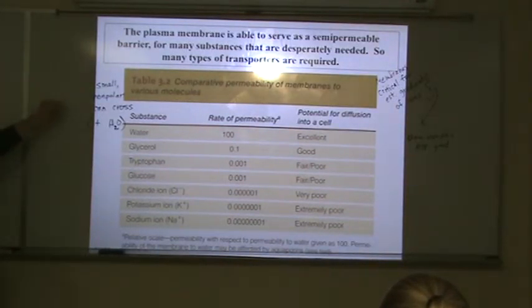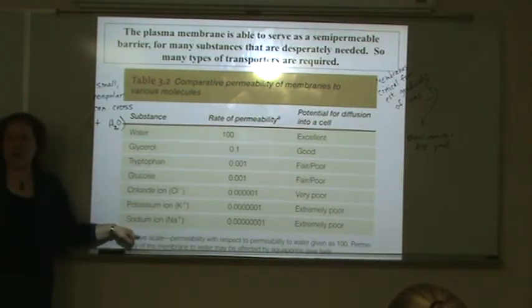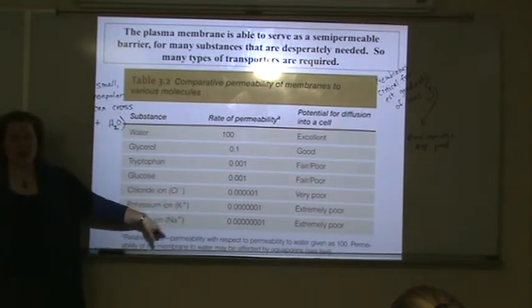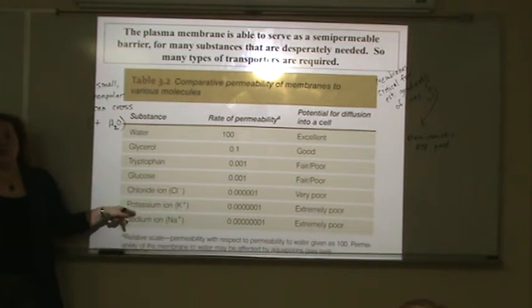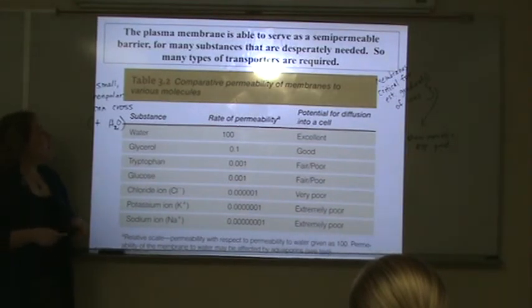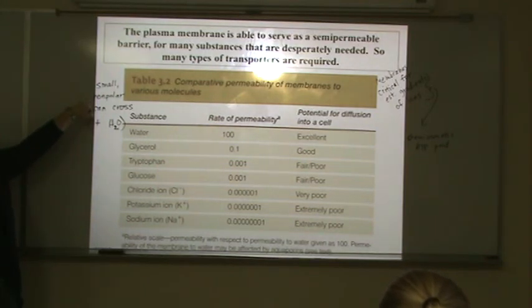Anything that's not small or nonpolar or water does not really cross membranes very well. So ions that have charges do not cross membranes on their own, nor do sugars, nor do amino acids, nor do proteins, because they're all either big or charged. So if a cell needs to get something in that is not small or nonpolar or water, it will have to have some special system to do that.